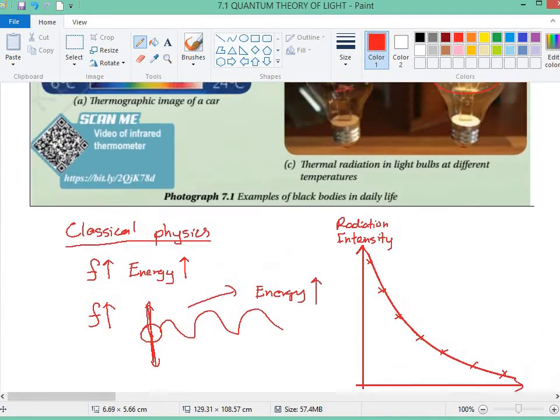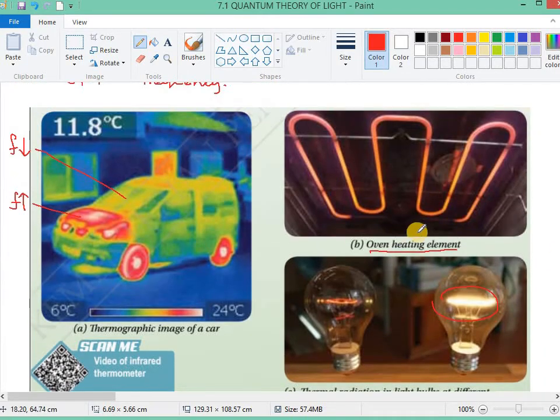So for example, this oven heating element.